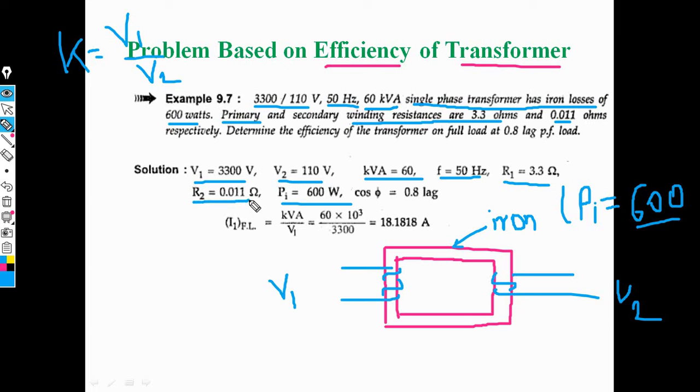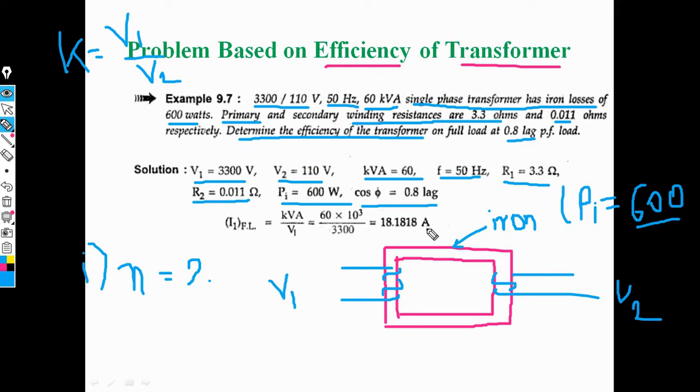Here we have to determine the efficiency of the transformer, so first we need the efficiency formula. Then at full load condition the power factor is 0.8, that is cos phi is 0.8 lagging, which is given here.